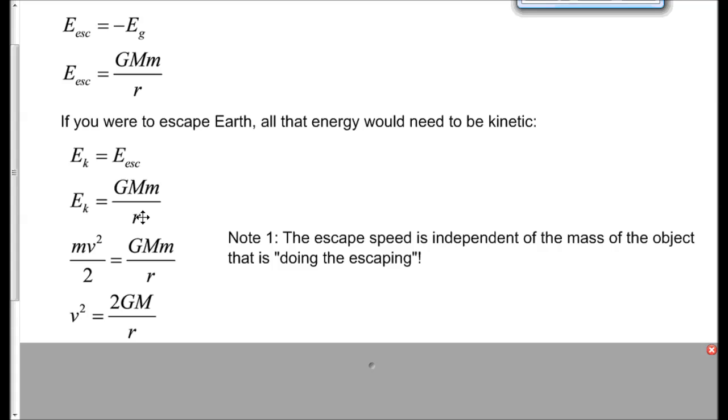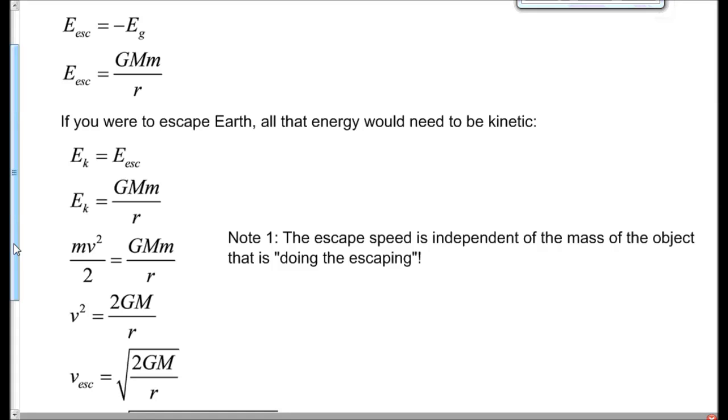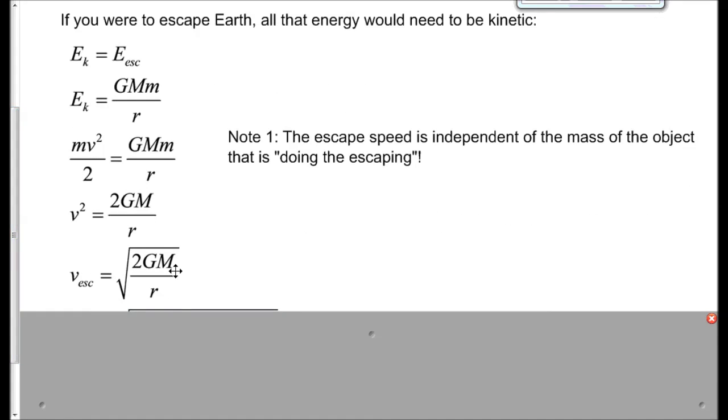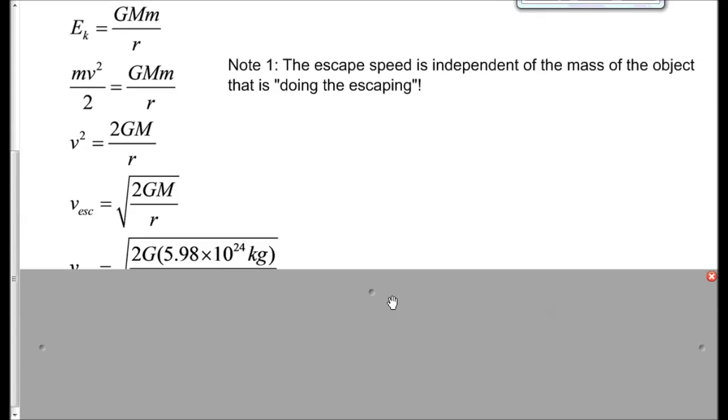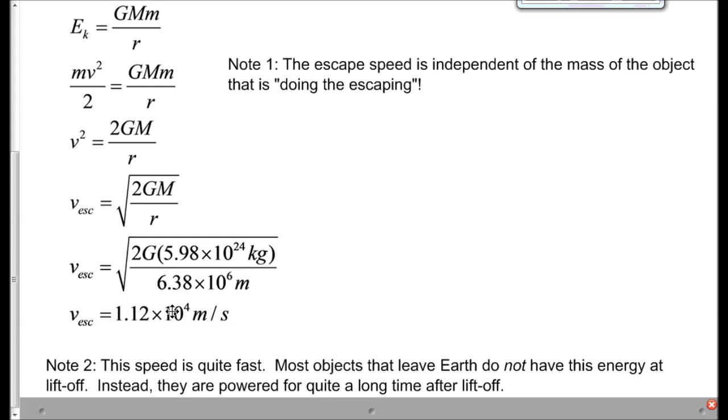So we keep rearranging this expression now. So v squared, and we solve for v, and we get that the escape speed is just depending on the mass of the object, in this case the Earth, and r, how far away from the center that object is. So we plug in the numbers for Earth, and we actually get this quite fast speed, around 11 kilometers per second.